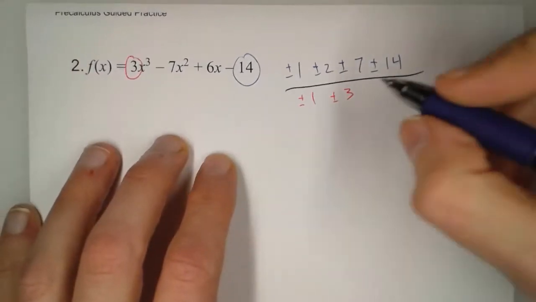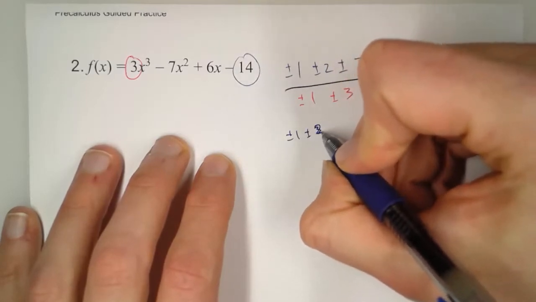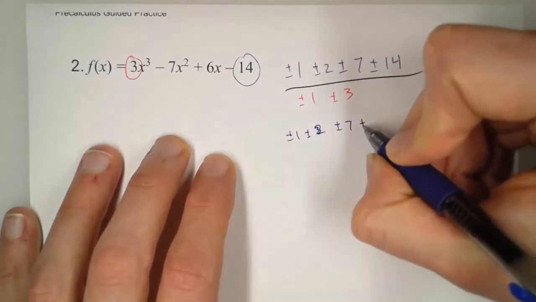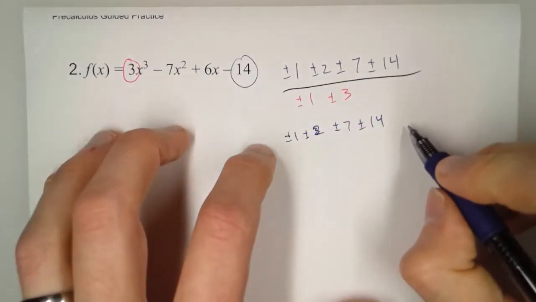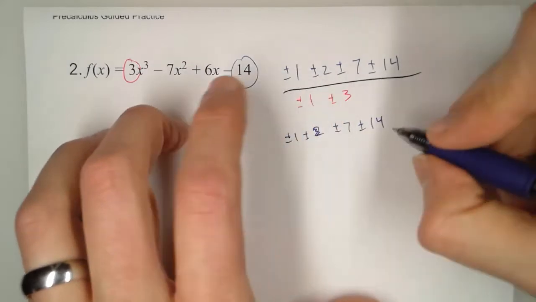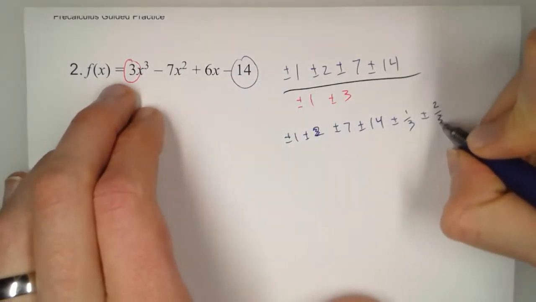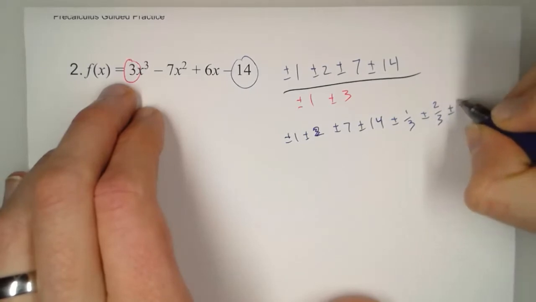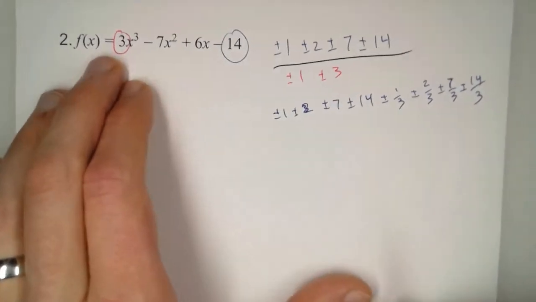So when we divide them, what do we get? Plus or minus 1, plus or minus 2, plus or minus 7, plus or minus 14. If I take all these and divide by 1, this is what I get. Then if I take all these and divide by 3, I get plus or minus a third, plus or minus 2/3, plus or minus 7/3, plus or minus 14/3.